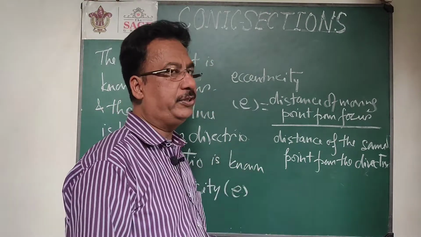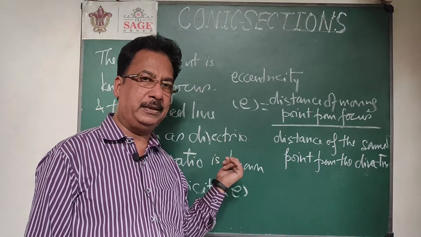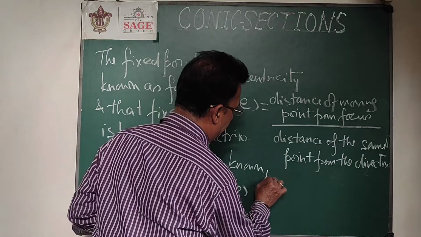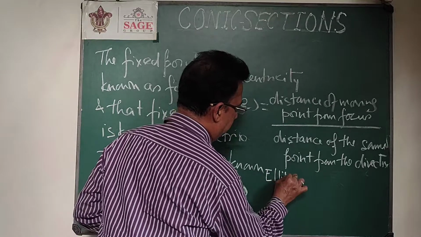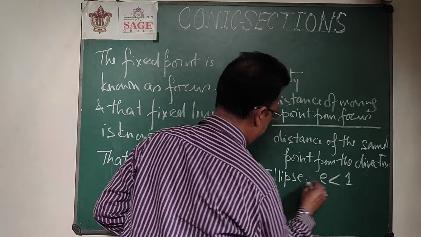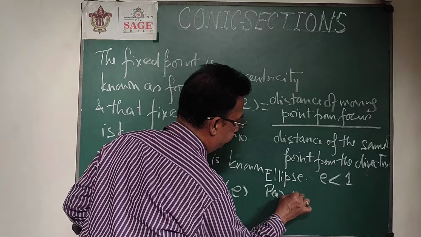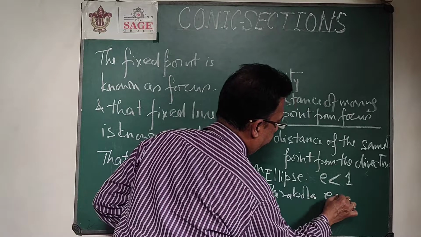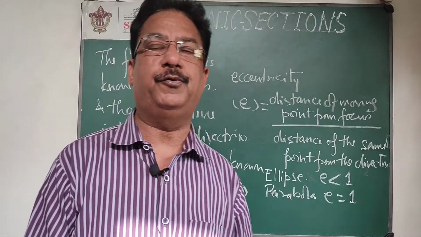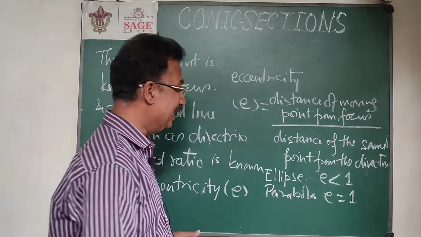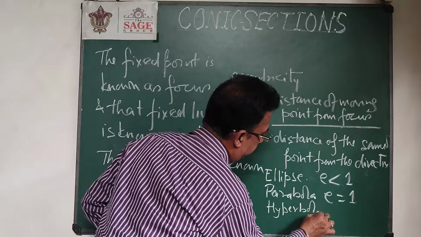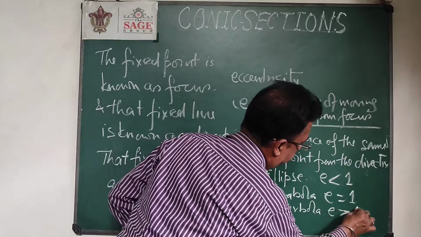With the help of the same definition, I can define all these curves. Only the value of the eccentricity will change. For an ellipse, e will be less than 1. For a parabola, e will be equal to 1, which means the distance of the moving point from the focus and from the directrix will remain the same. And for a hyperbola, e will be more than 1.